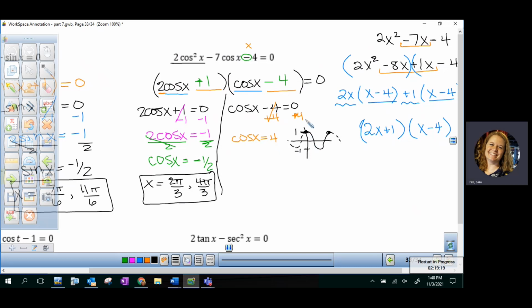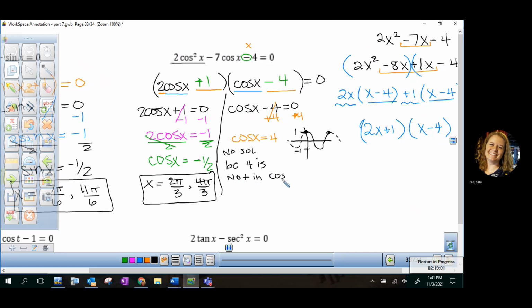It doesn't exist up here at 4. So for this side, this factor gave us no solution because 4 is not in cosine of x's range, which is negative 1 to 1.